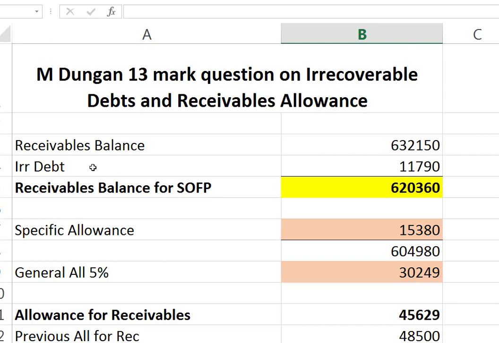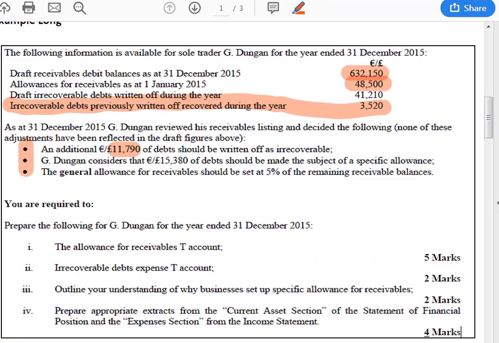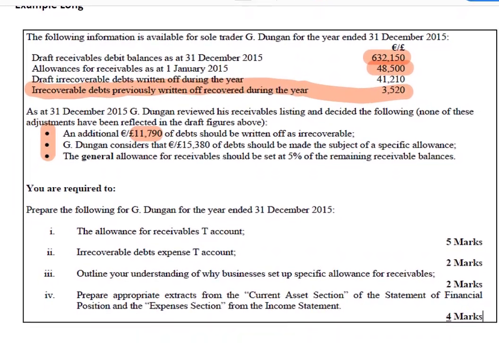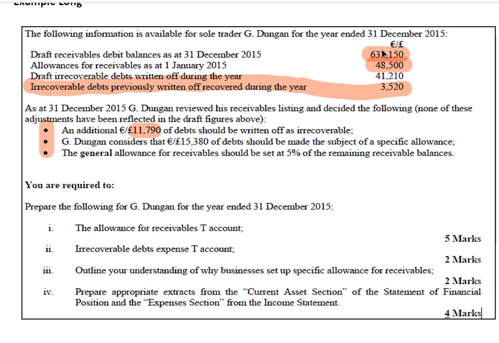So let's just go back to our question for 1 second. Here we are, and we're saying that you've been told this was the draft receivables. The previous allowance for receivables was 48.5. Draft irrecoverable debts written off during the year was 41210, and irrecoverable debts that had been previously written off and then recovered were 3520.